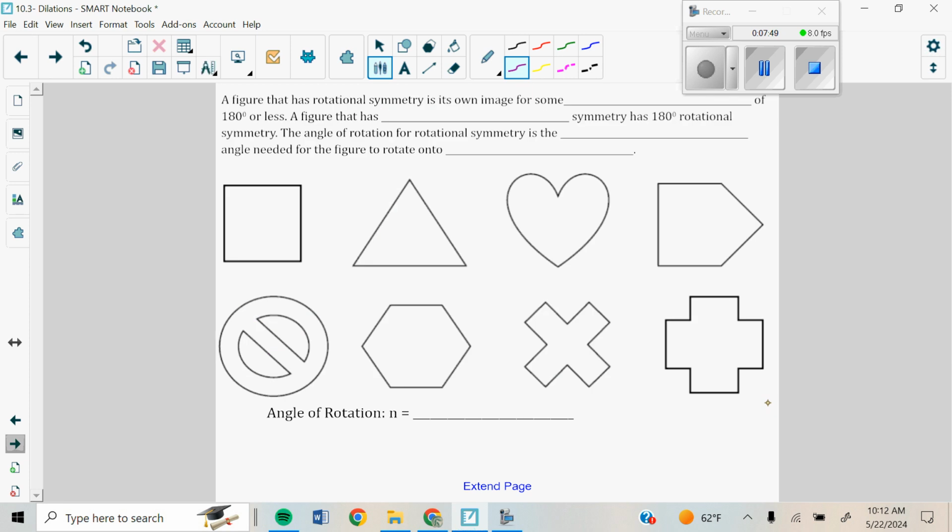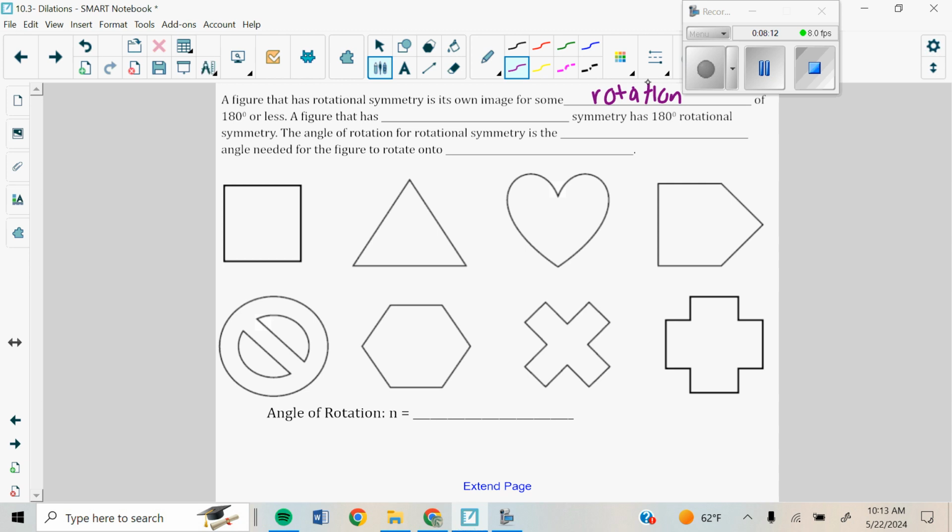So not only is there line symmetry, sometimes there's rotational symmetry. A figure has rotational symmetry if it maps onto its own image for some rotation of 180 degrees or less.